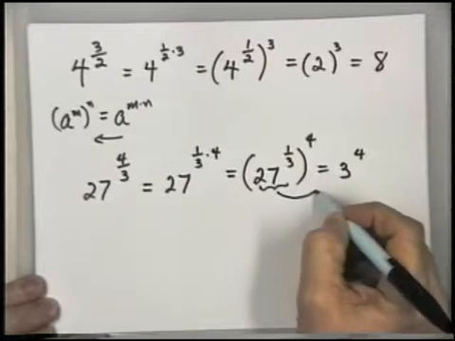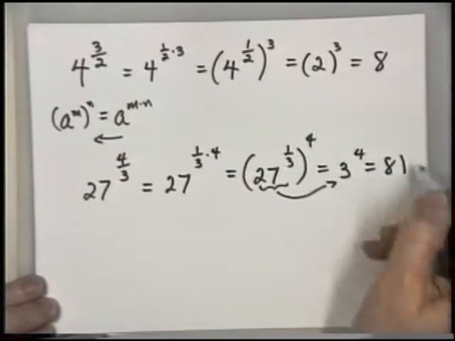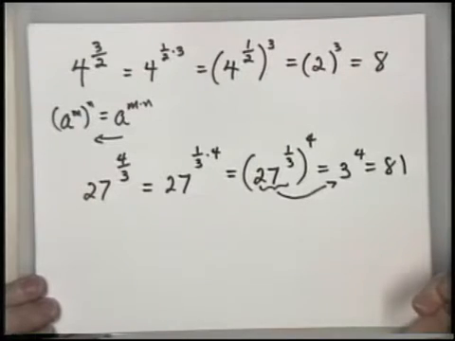I can substitute this right here for 3, and 3 to the 4th, we know, is 81.